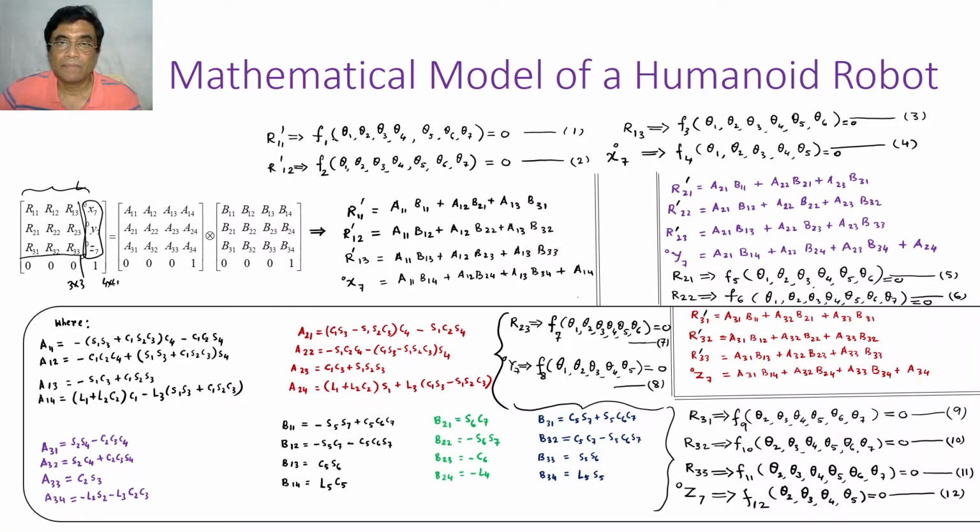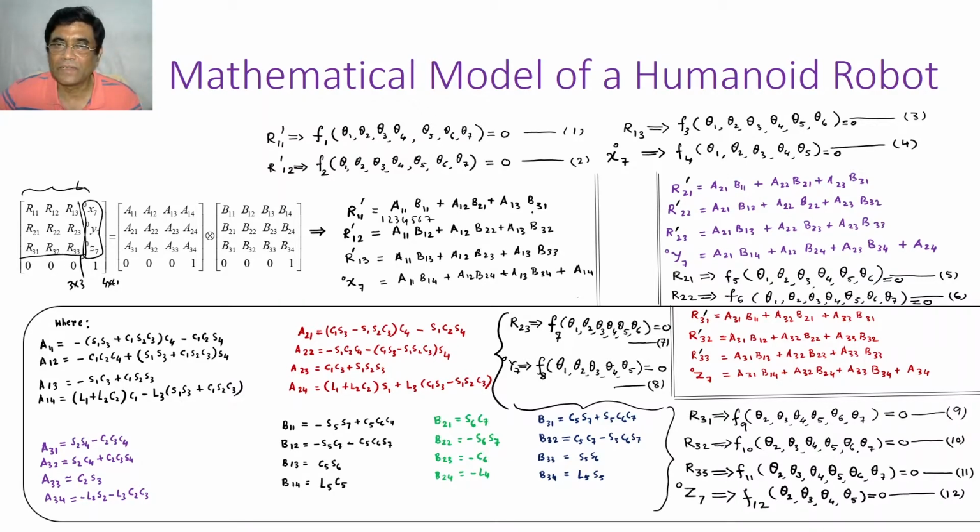I will show you one and you will be able to do it. See, this is R11 prime, which is A11 times B11. A11 is a function of theta 1, theta 2, theta 3, theta 4. Then it is multiplied by B11, which has theta 5, theta 6, theta 7.